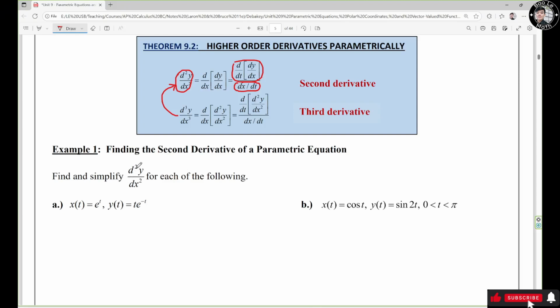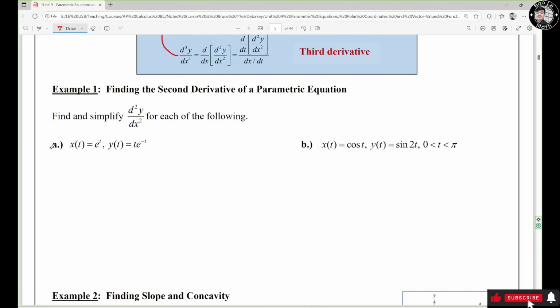Find and simplify d squared y over ds squared for each of the following. Given the function s of t equals e to the t and y of t equals t times e raised to the negative t. First, you need to take the derivative dy over ds, which is dy over dt divided by ds over dt.